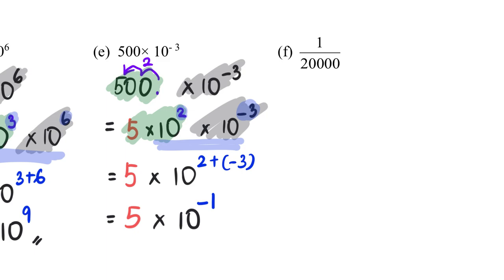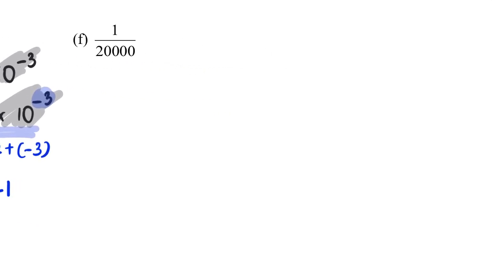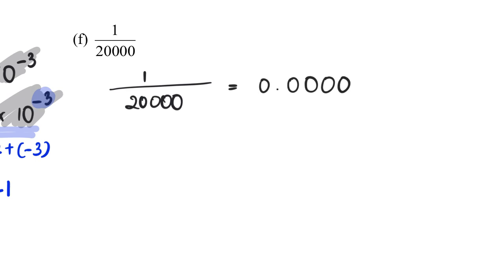Standard form. And the last part, this will give me, alright, so for this question, 1 over 20,000 is actually equal to 0.00005.